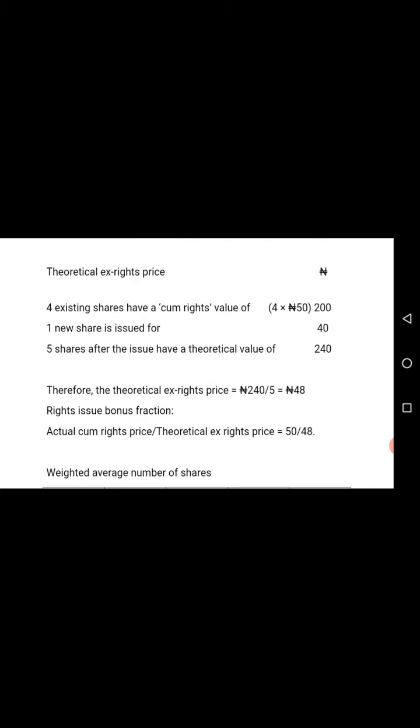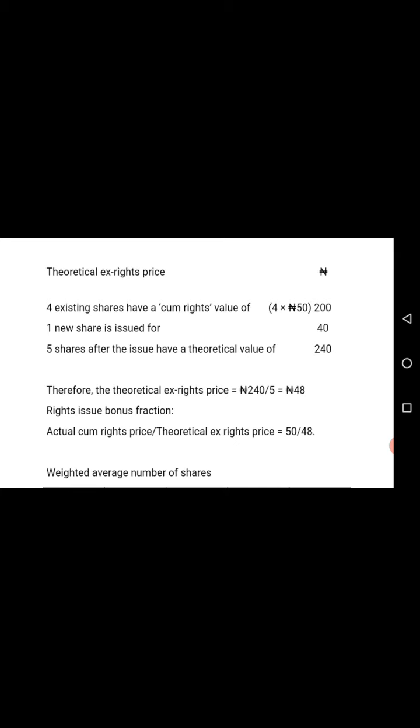So for 4 shares we have 4 times 50, which is 200 naira. Then 1 new share is issued for every 4 at 40 naira. So we have 200 plus 40, which is 240. Now the 5 shares that you have in the company are worth 240 naira.